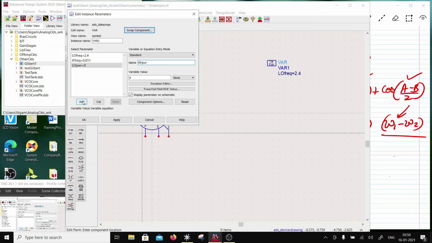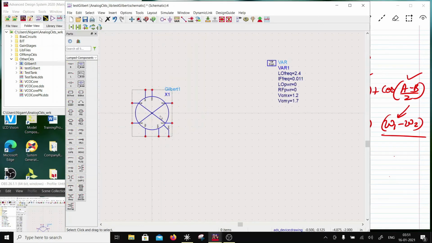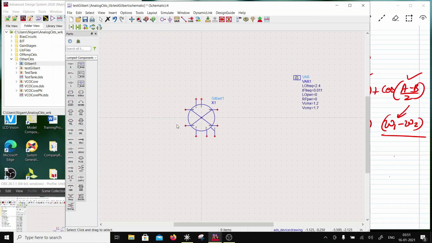So I'm going to add RF power, and then I'm going to have two common mode voltages, VCM1, which is for the lower stage, which is VX, or rather I would say VCMX. This would be around 1.2 volts, and then I am going to have VCMY. So this, for the IF input, is going to be 1.7, right? Add and say okay. So we have generated all the signals.